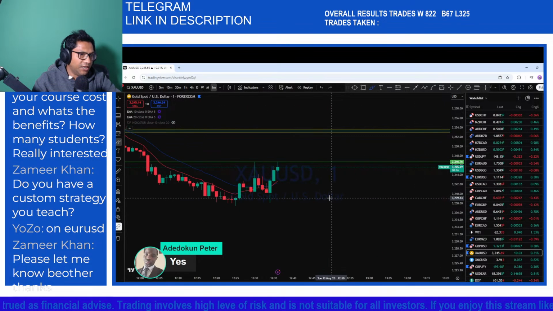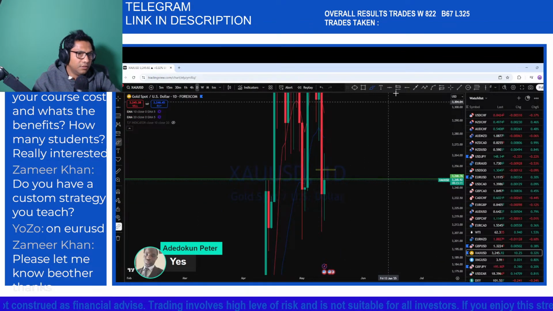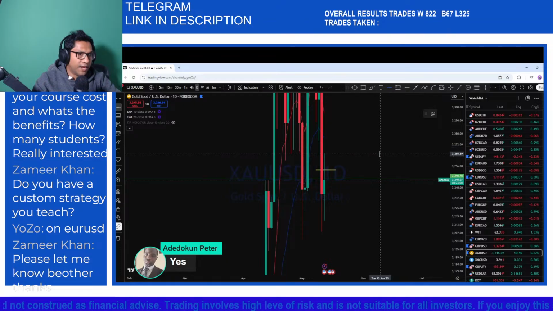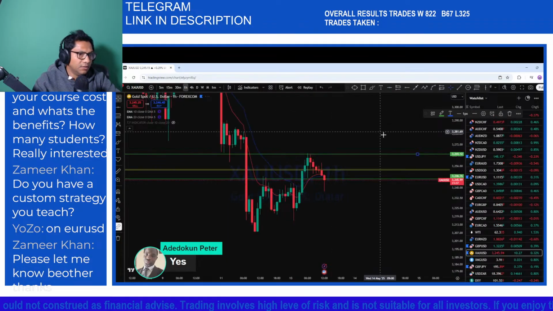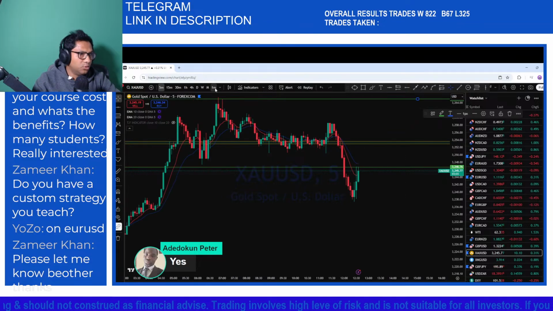As this is from the daily support, if you look at the daily low here, it may try to go back up again to the daily resistance line. Let's wait to see.